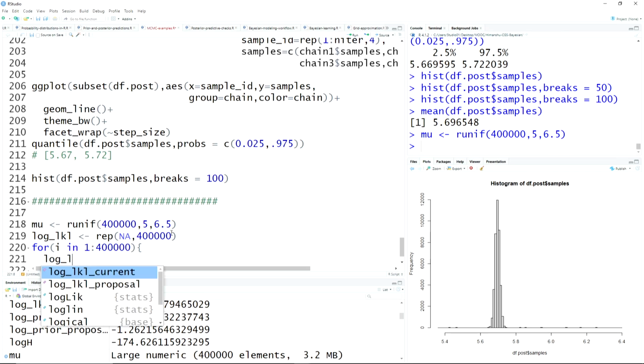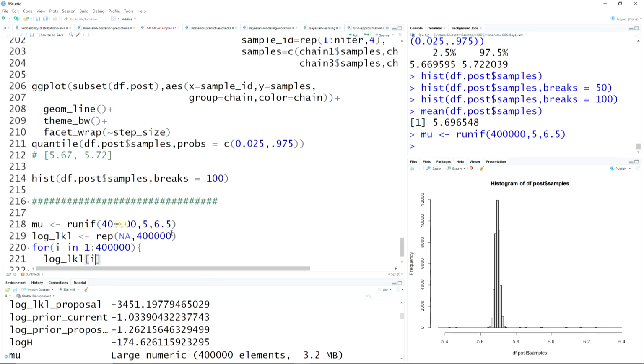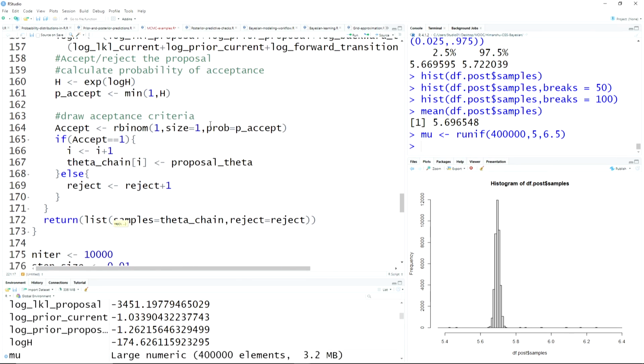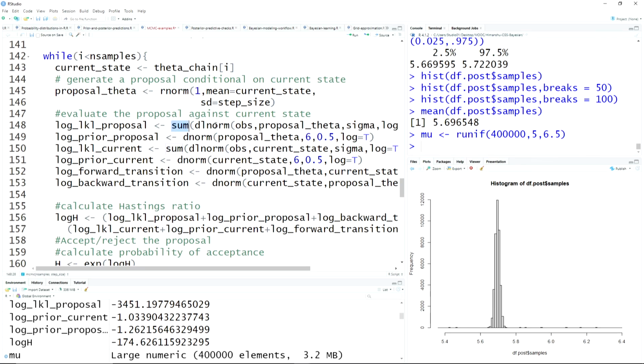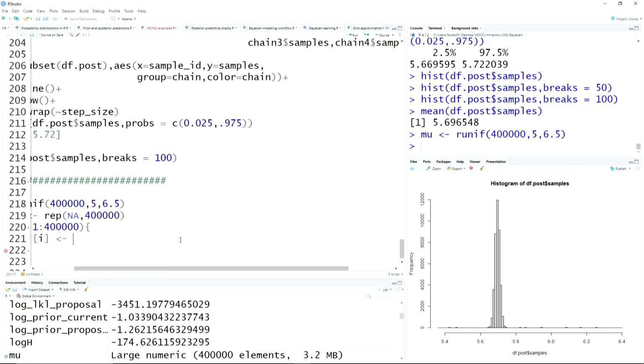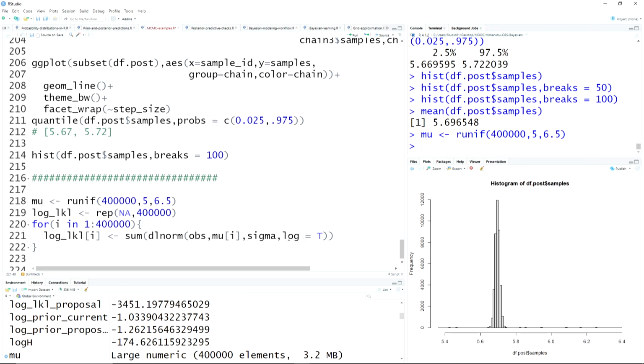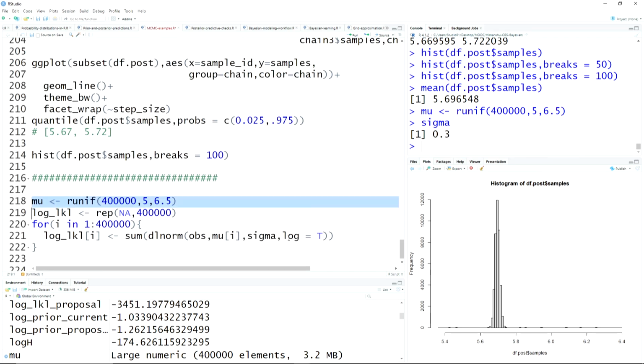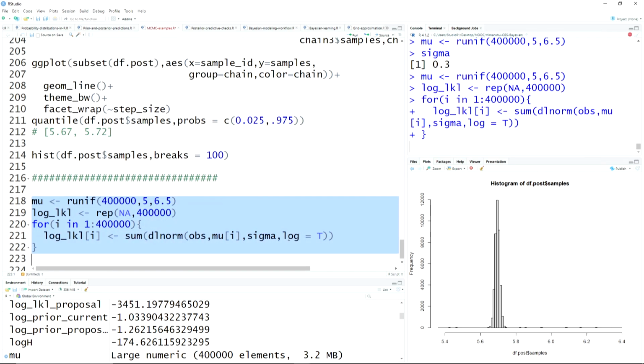Okay, so we'll calculate log likelihood for each proposal i using this. So this is how we calculate a log likelihood. So basically it's a summation of log likelihood of individual observations. So rather than proposal theta, all we need to give here is mu i. Sigma is fixed as 0.3, so I don't need to worry about this. So this will calculate log likelihood for each value.